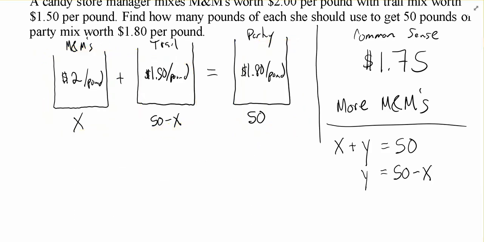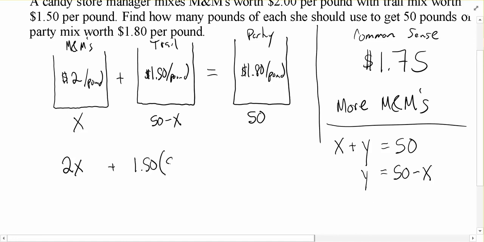Now the reason that's how this works is because if I have 25 pounds of M&Ms at $2 per pound, I'm going to multiply those two things together, and that's how much money worth of M&Ms exists in this mixture. If I multiply the 1.50 times 50 minus X, that gets me how much total money's worth of trail mix I have. And if I add those together, it better be the amount of money worth of party mix that I have.